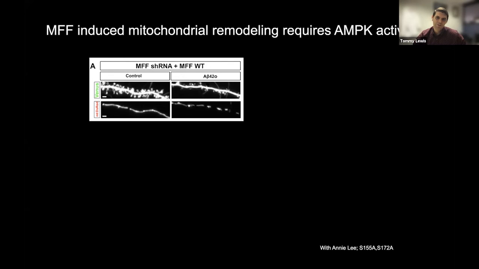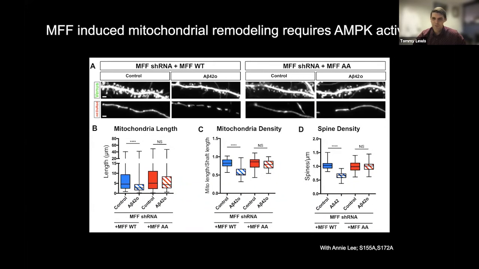And as you would expect, returning wild type MFF, you get fragmentation and loss of spines. But we found two serine sites that seem to be relatively important in this process, because when we mutate them to alanines, it's serine 155 and 172 on MFF, this no longer led to this fragmentation or loss of spine phenotype.